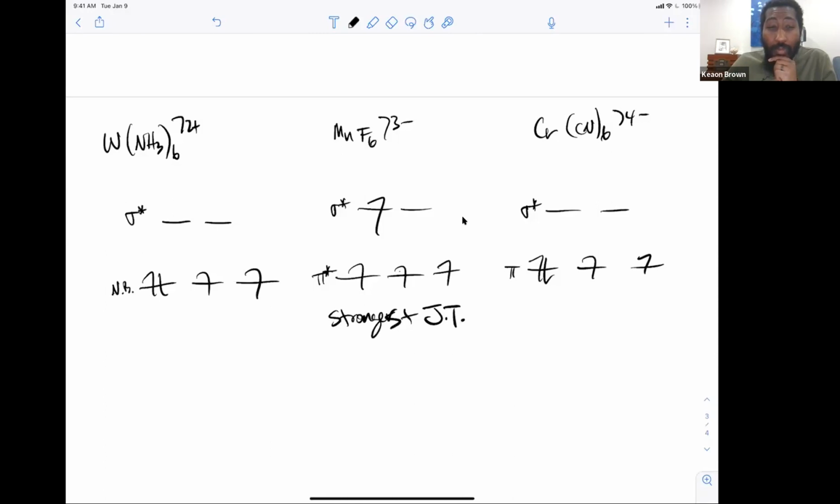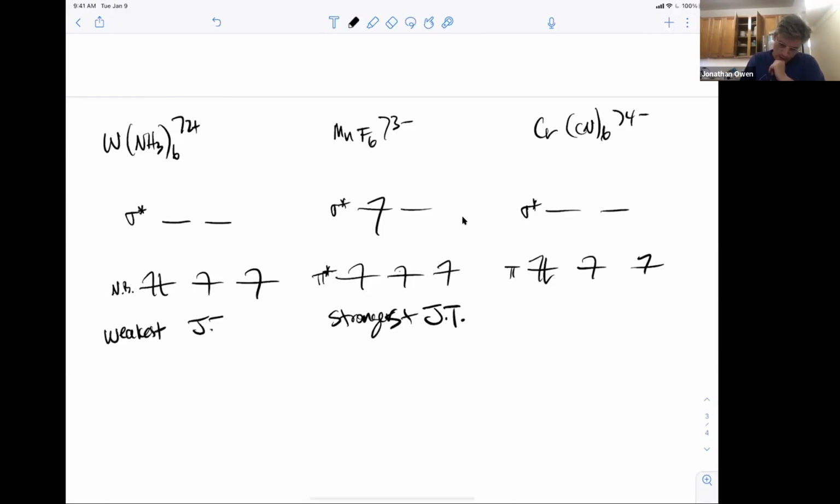So if there's any splitting, it's not going to affect the non-bonding orbital as much. You got it. Good answer. And this one is intermediate. Okay. I would say weak is the right answer. It's really the sigma that matters.